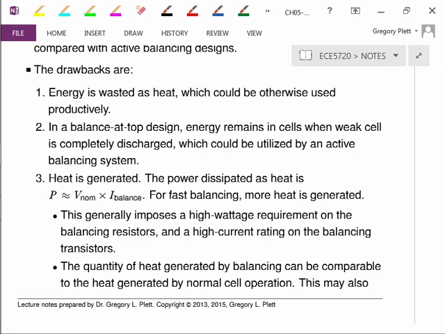If we employ a design that balances at a top state of charge, then I'm going to be leaving energy in cells when the weak battery cell is completely discharged, and I could have used that energy if I had an active balancing system. So again, I'm not wasting energy in the same sense that I'm just dissipating it, but I have unusable energy stored in the battery cells.